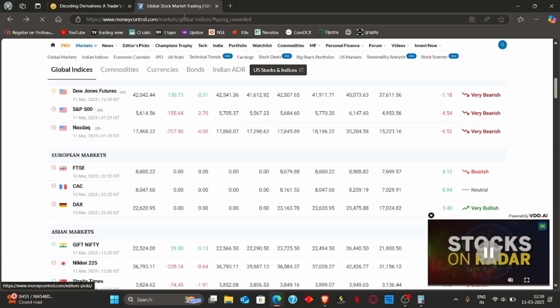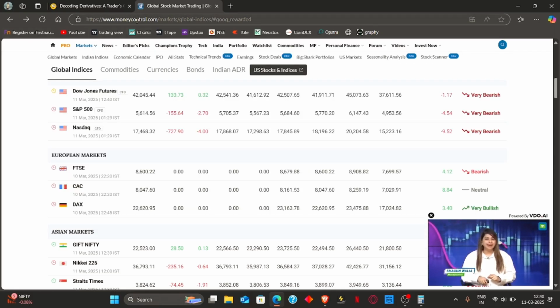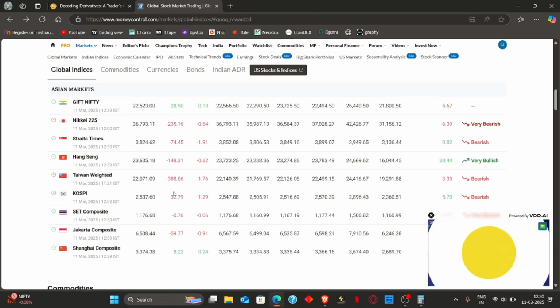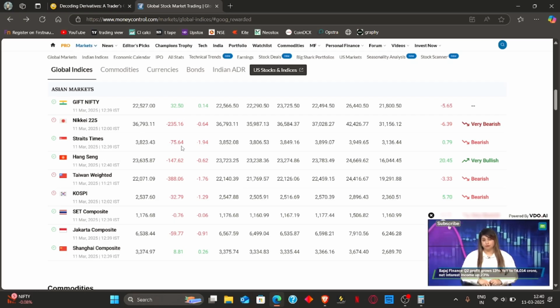Through the global indices sections, we can find them on Moneycontrol. You can just search for global indices on the web, and the first Moneycontrol link will open. You can go through these and find out what's happening in the world. Just like in the Asian markets, you can see there's a great sort of loss in the market. Japan is under loss.